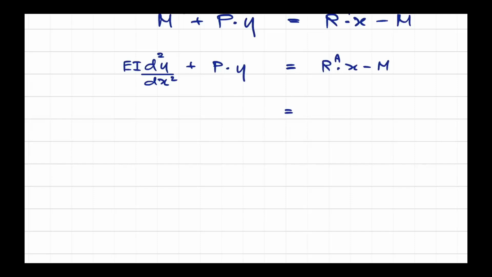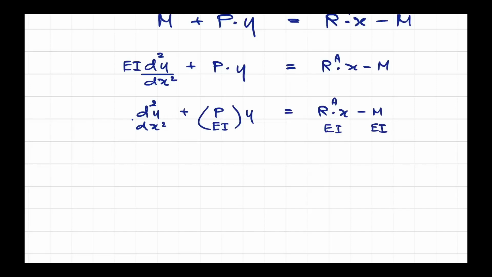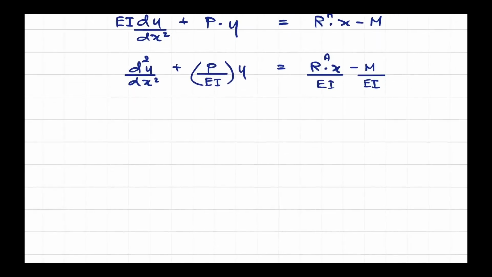Divide through by EI, so you have plus P over EI times Y. You add up with RH X minus M, over EI, and over EI for all. So I can just go quickly.